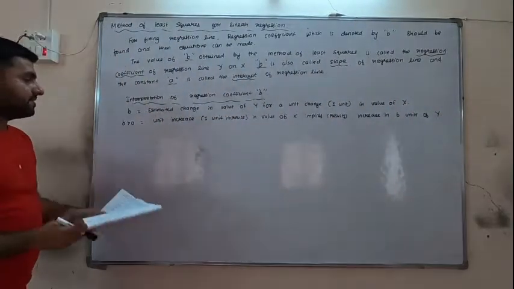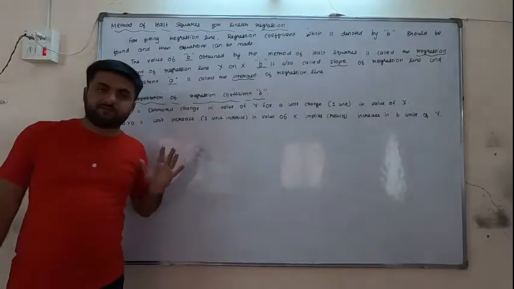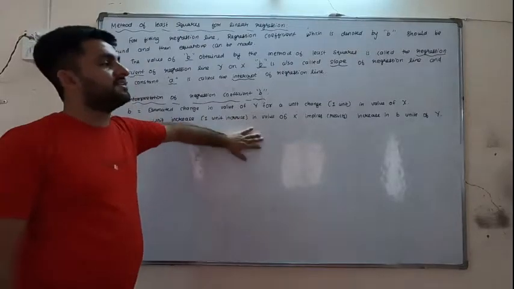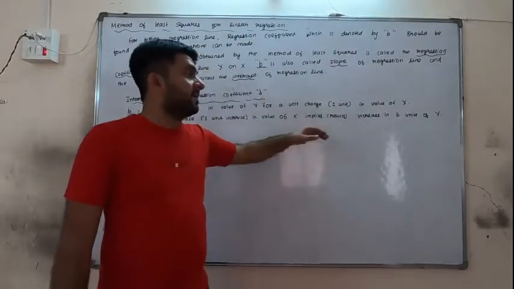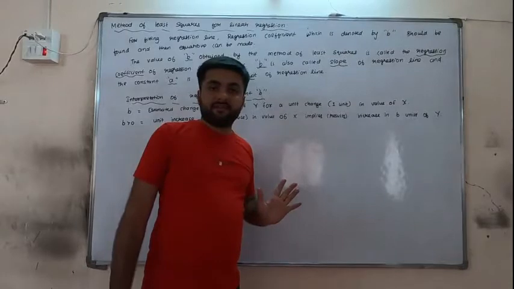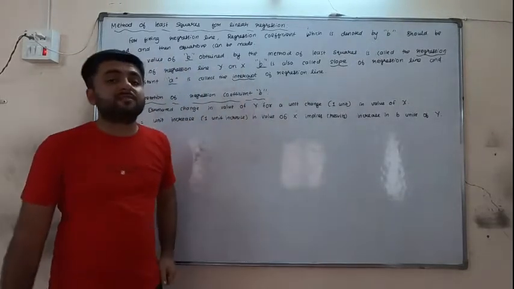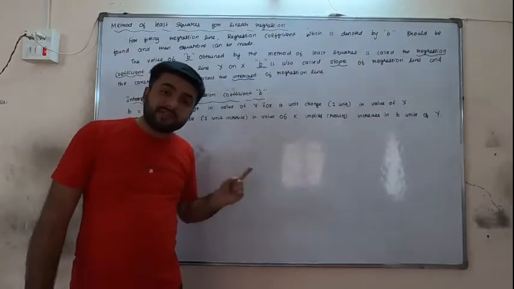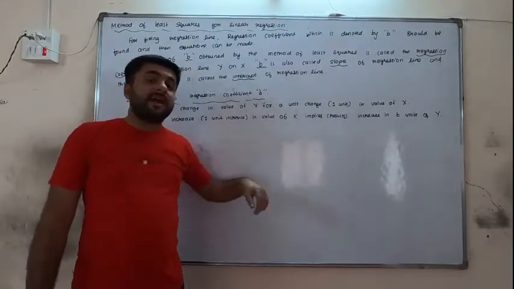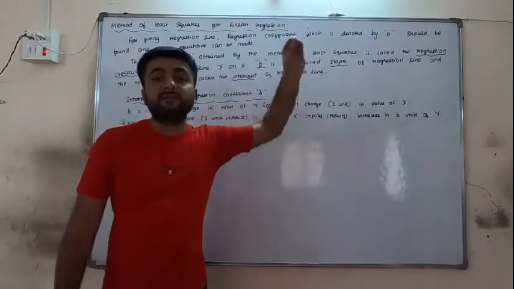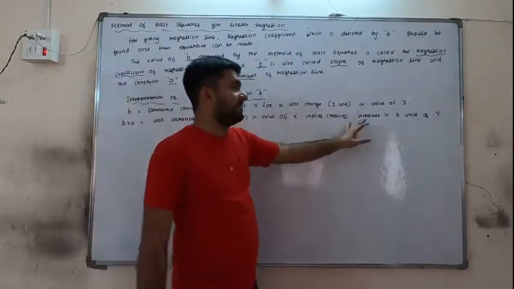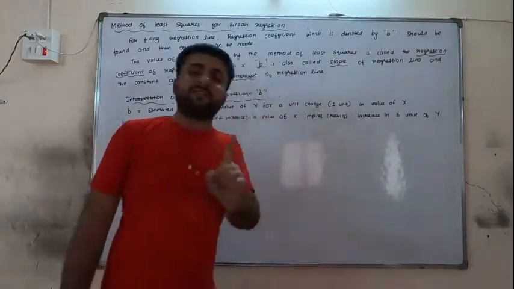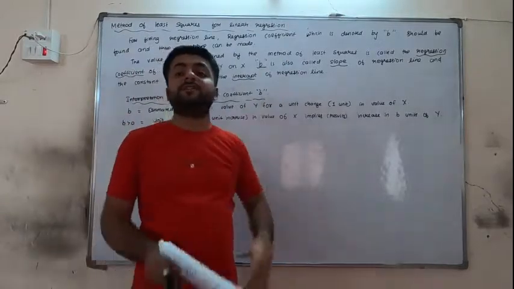When the value of b is positive, means greater than 0, a unit increase in x means 1 unit increase in x results in or implies b units change in y. Means if b is equal to 3, so it is positive. So 1 unit is increasing in x and it will increase 3 units in y, because it implies or results in an increase in b units. B is 3 units change in y. So 1 unit change in x, increase of 3 units in y.